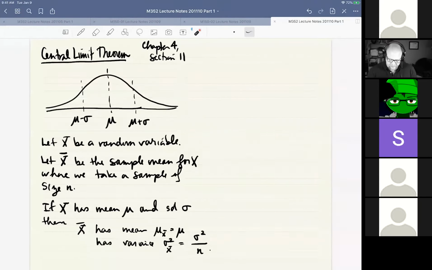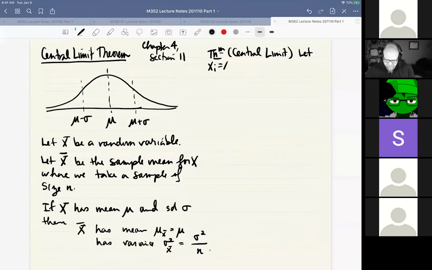So here's what the central limit theorem tells us. I'm going to start out setting up the hypotheses for the central limit theorem, and it basically just formalizes what we just talked about here. So let the random variable x sub i, which is just going to be a copy of a random variable x, represent a sample from x.